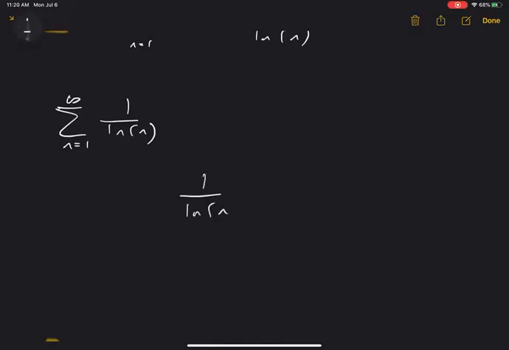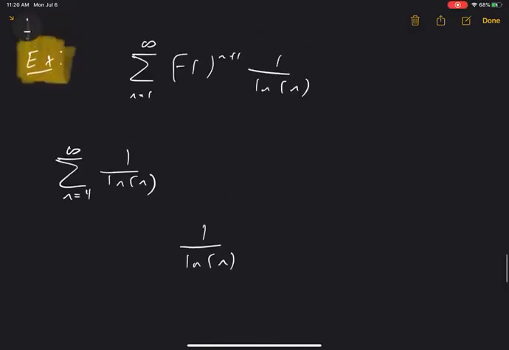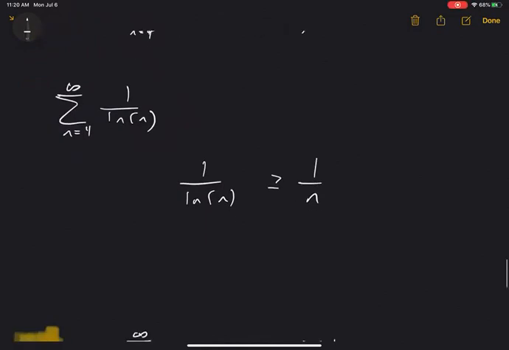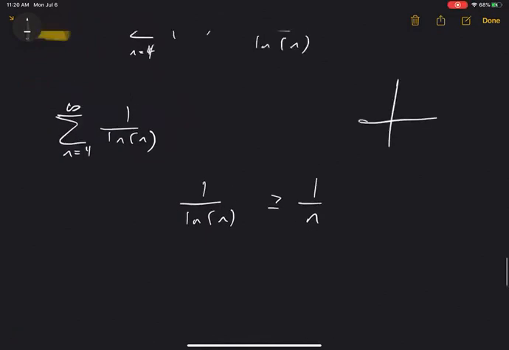Let's just to be safe start our series at 4. For n greater than or equal to 4, 1 over ln of n is going to be greater than or equal to 1 over n, right? Because what does n do?